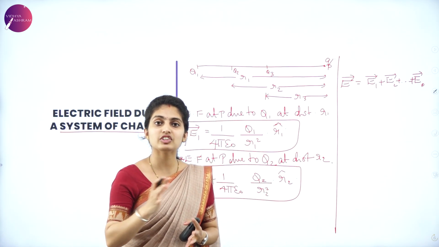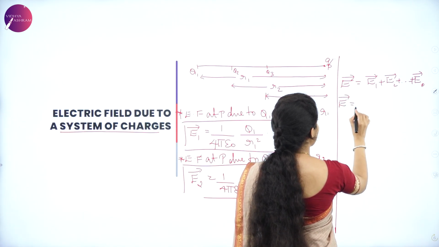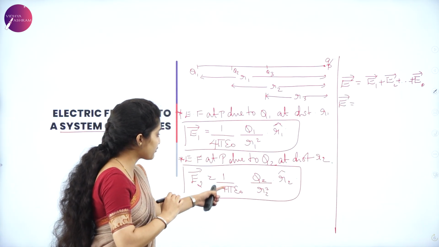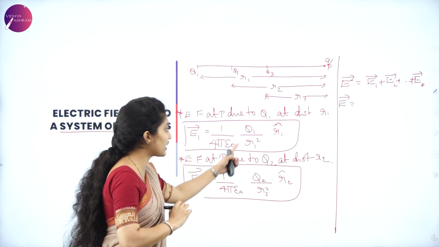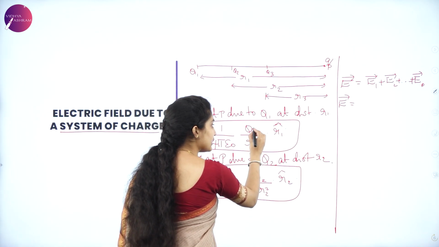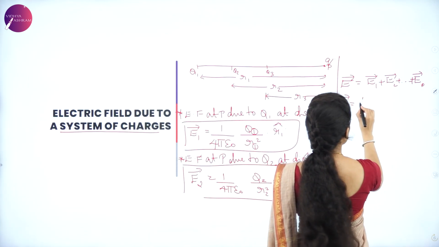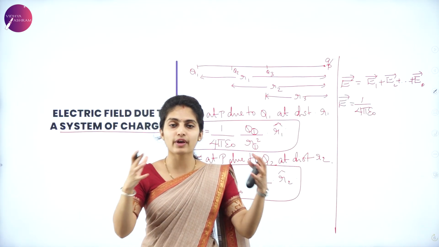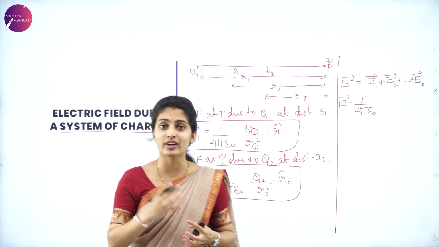So it can be given in general. The general formula is vector E is equal to, which is common in all the cases, 1 by 4 pi epsilon naught. This is the one which is very common, and the rest of the things vary, at least they vary in the subscripts over here. So I can take common out 1 by 4 pi epsilon naught, and the summing up of every charge is given by a term called summation.